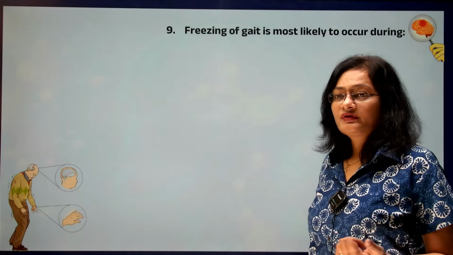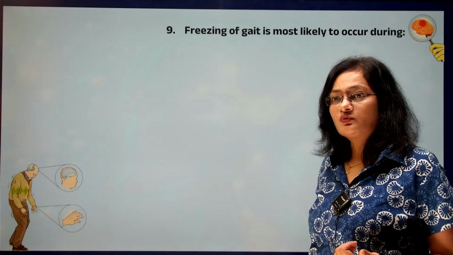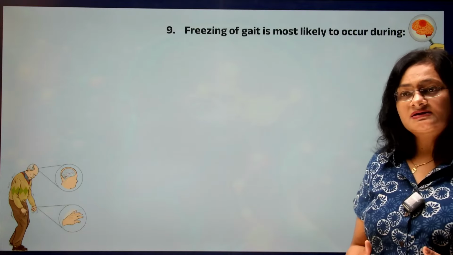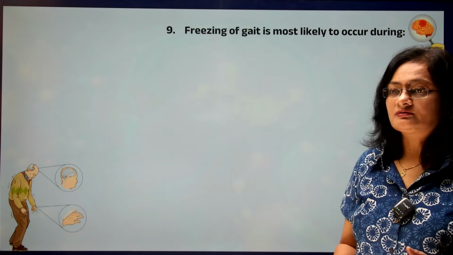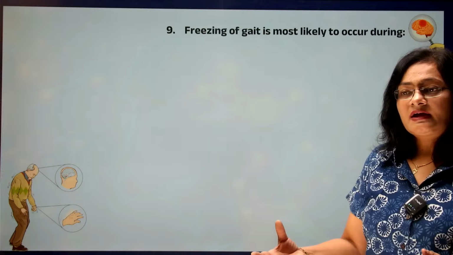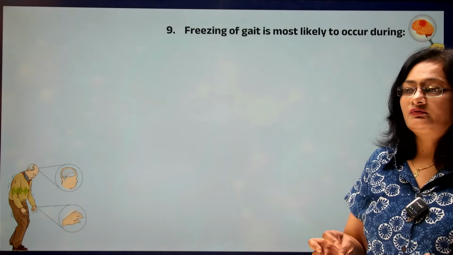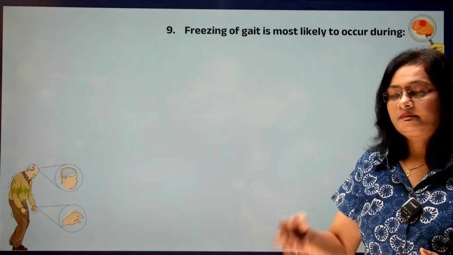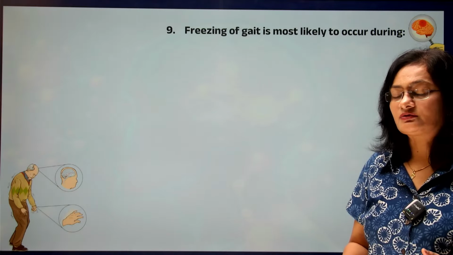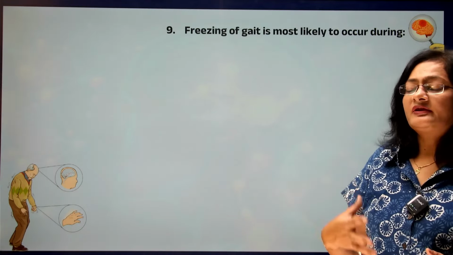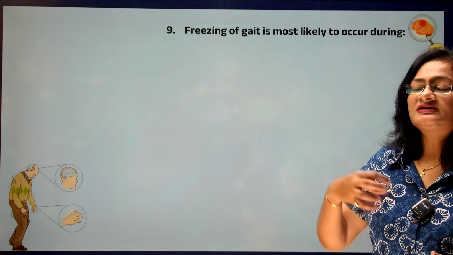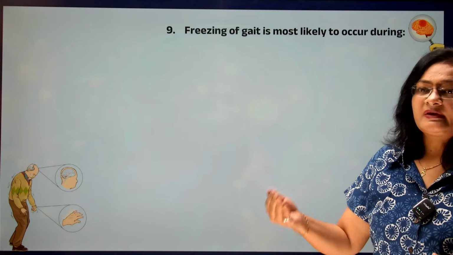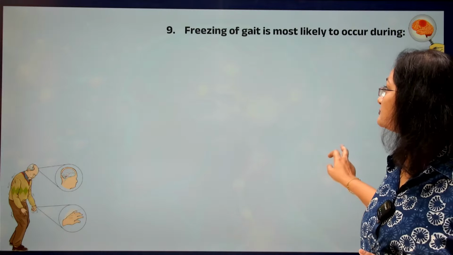Next is: freezing of gait is most likely to occur during. Means what condition will result in a freezing episode. I have told you, dual task will result in a freezing episode. Or when the patient tries to avoid an obstacle, the patient will have a freezing episode. Or when someone calls the patient and the patient's attention is drawn towards that person, there are chances that the patient may develop a freezing episode.